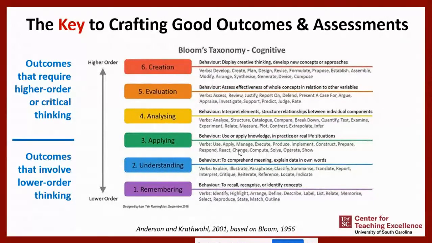You can have between 3 or 4 to maybe 7 or 8 learning outcomes for the course, and they may get at, say, understanding or analyzing or applying. But in the assessment or the activity, they may do creation or an analysis, but the learning outcome needs to be broad enough that whatever you do still fits into the overall course learning outcome.